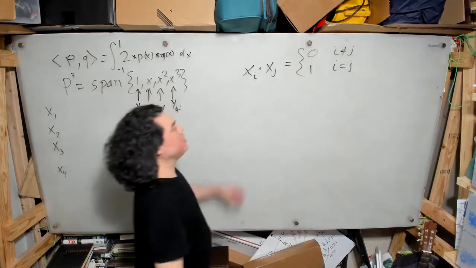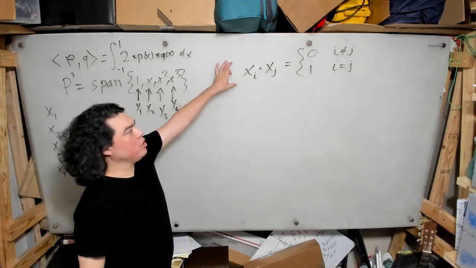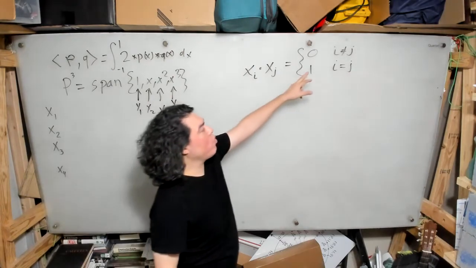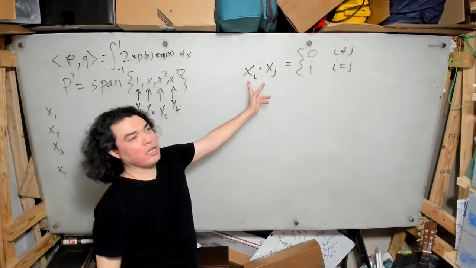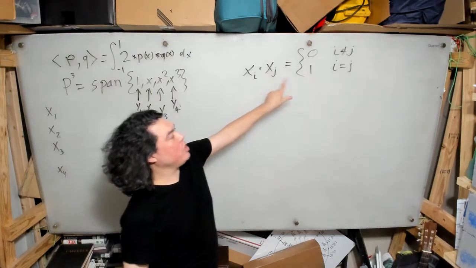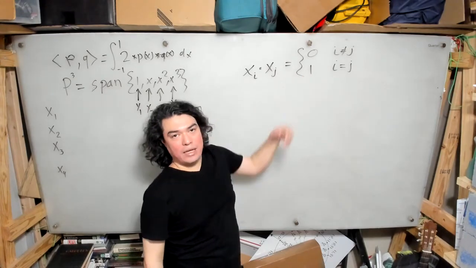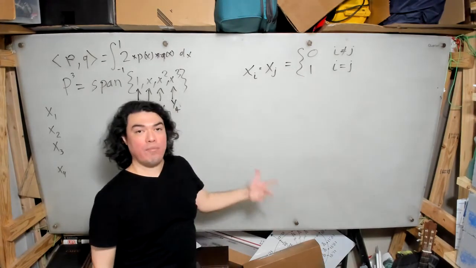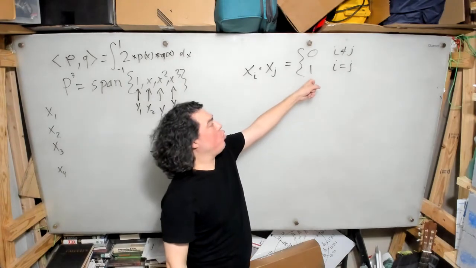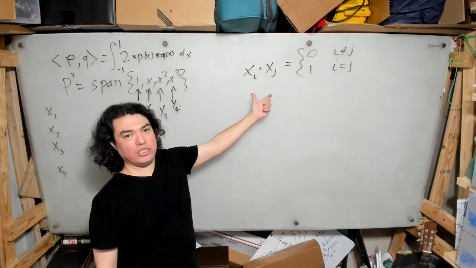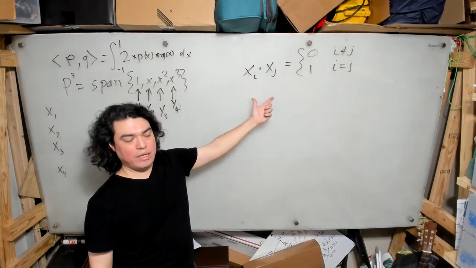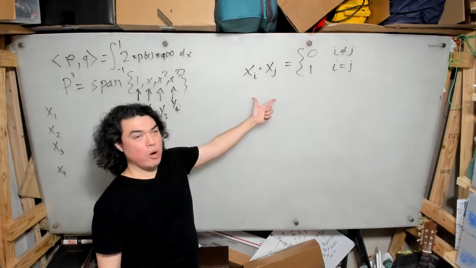So first of all, this is the orthogonality condition, but it's also capturing the orthonormal condition. If the dot product of, let's say, x1 with x1 is 1, then that 1 corresponds to the square of the magnitude. When I square root it, I'm still going to get 1, and that tells me that the magnitude of x1 itself would be 1.